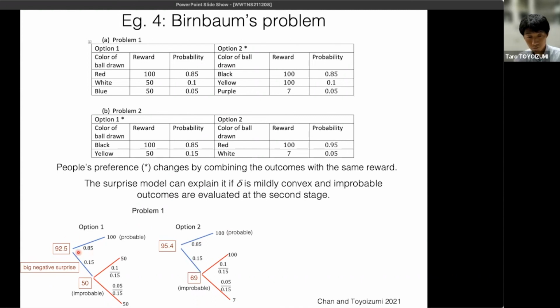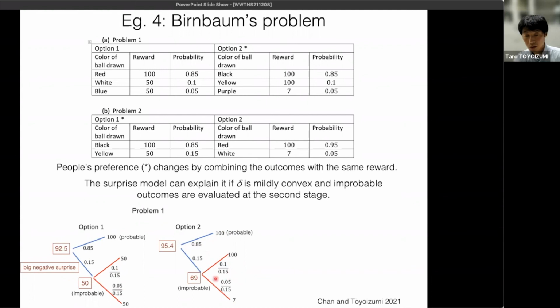In the first stage, we assume that the model evaluates a probable outcome, like in this case, the 85% probability one. And then at the second stage, it anticipates minor possibilities, the 10% possibility, the 5% possibility. The same for option two. The 80% dominant option is first anticipated, and only at the second stage, minor options are anticipated.